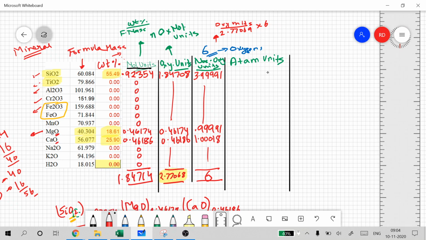You want to know how many atoms of each of these there are. The number of oxygen units you have found here. Atom units will now be only for Si. I will not write Mg and Ca, and I'm not writing SiO2, MgO, CaO, all these things. I've written these values here. So how much Si is there, now without oxygen.